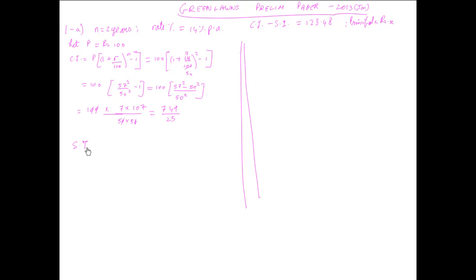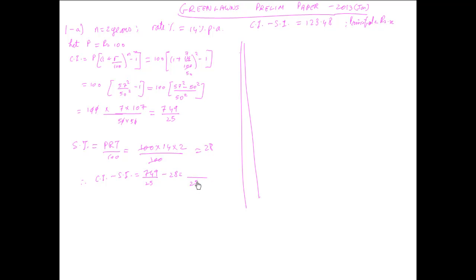Now simple interest, children, would come out to be PRT upon 100. That's principal, rate, time upon 100. That gives us 28. So children, now first we'll find out CI minus SI, which should be 749 divided by 25 minus 28, which would give us LCM as 28.